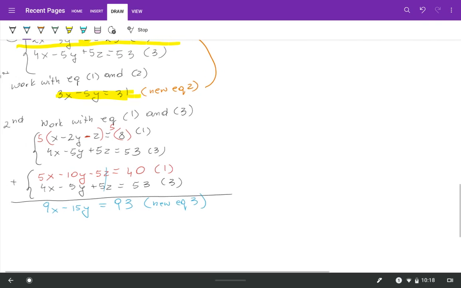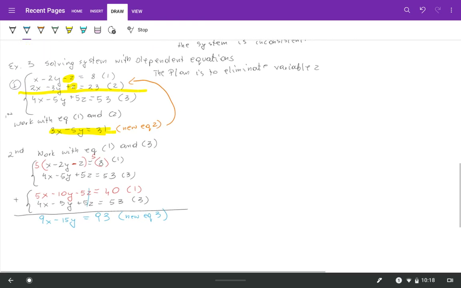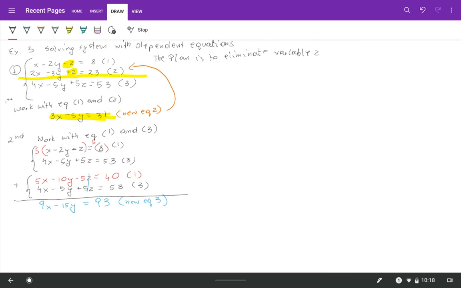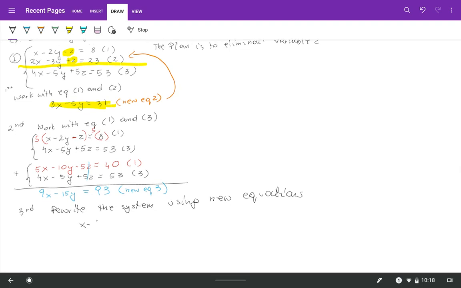Now I'm going back and I'm going to rewrite the system using new equations. So we have x minus 2y minus z equals 8, equation 1.